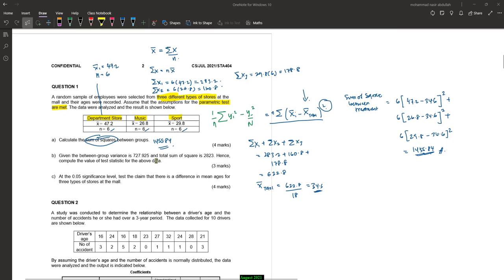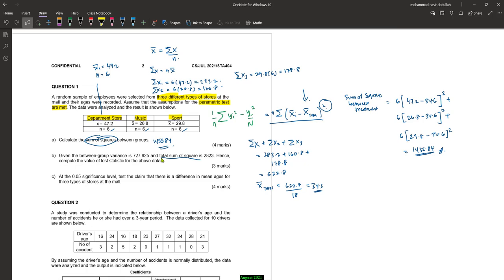Alright, so part B, given between group variance is 727.925, and the total sum of square is 2823.